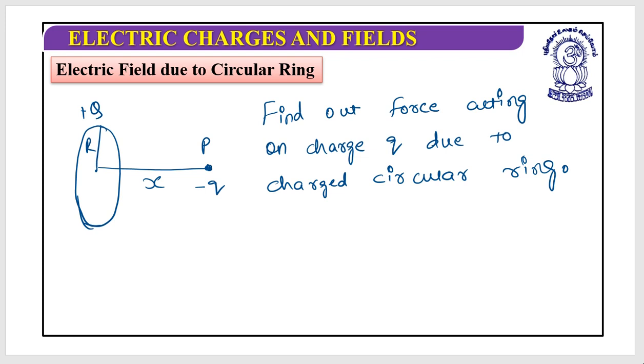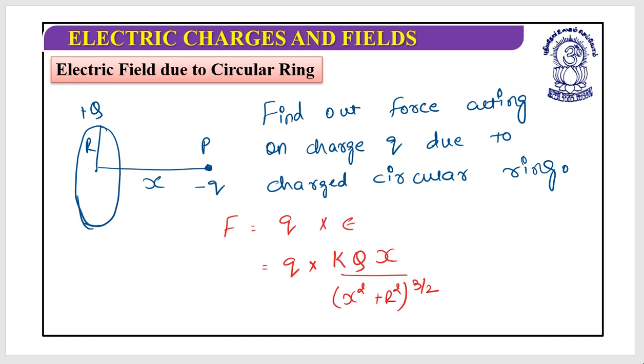What is going through your mind? Yes, you might be thinking F should be equals to Q multiplied by E, where Q would be mine and electric field will be some other. Yes, you are absolutely right. So I need to write this as Q multiplied by electric field, and electric field will be equals to K Q x divided by (x square plus r square) to the power 3 by 2.